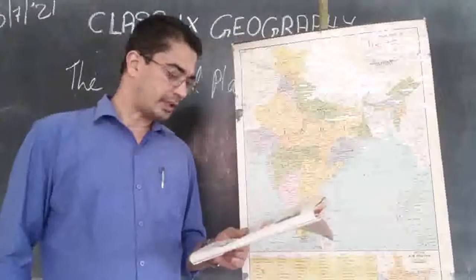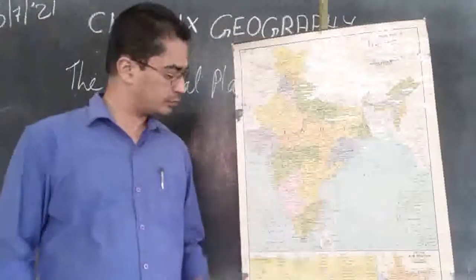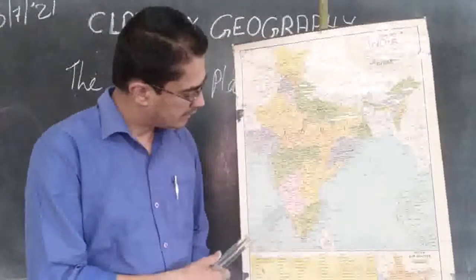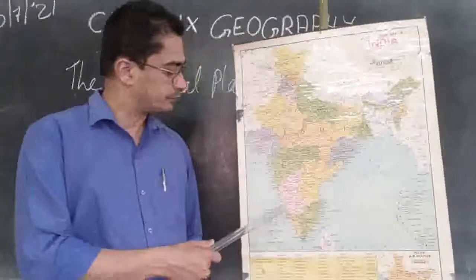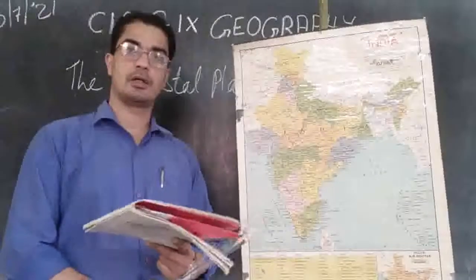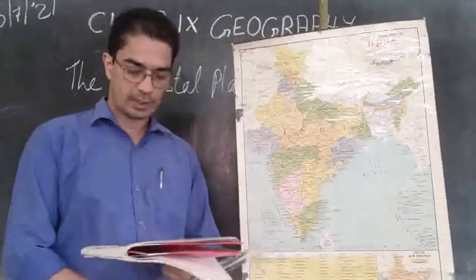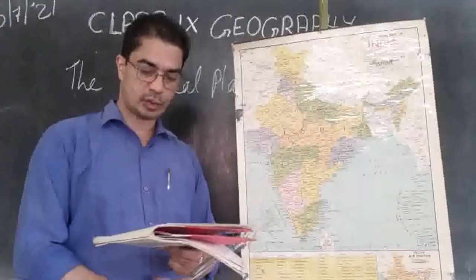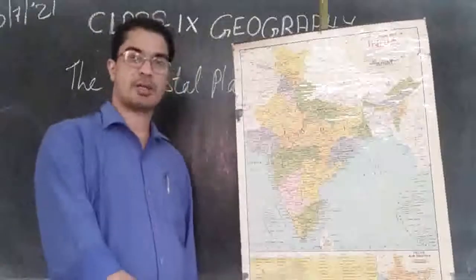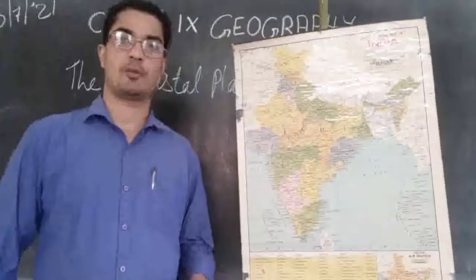Then after that, the central stretch is called the Kannad plain. That is from Goa to Kerala, the central part, called the Kannad coast or Kannad plain. While the southern stretch, the southernmost part along Kerala, is referred to as the Malabar coast.